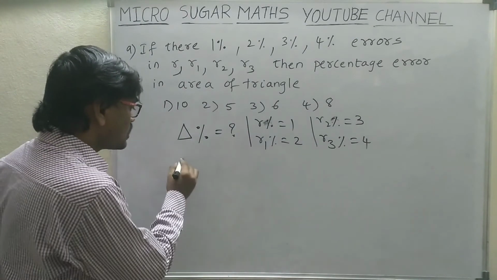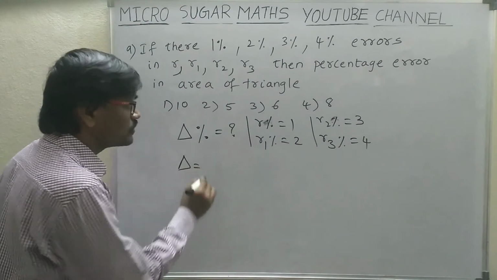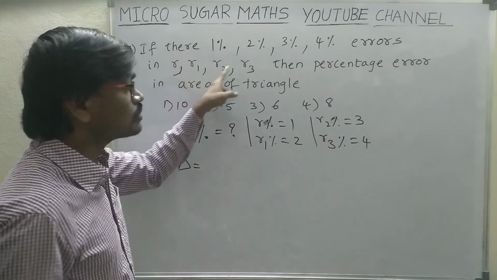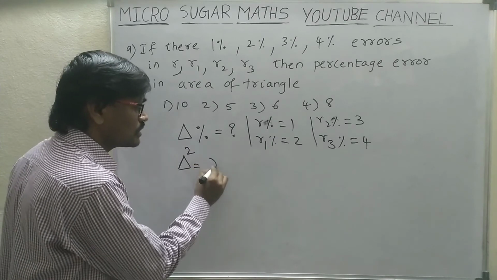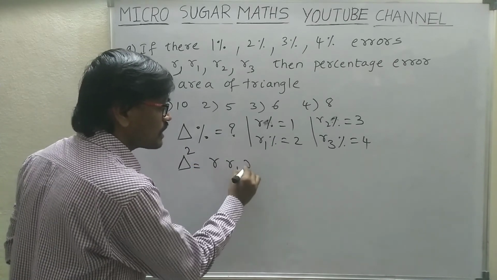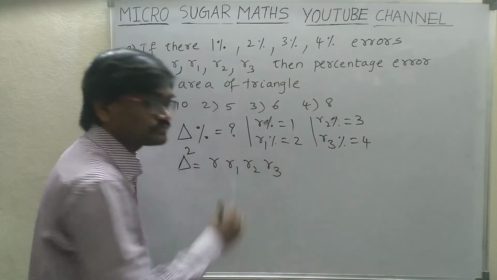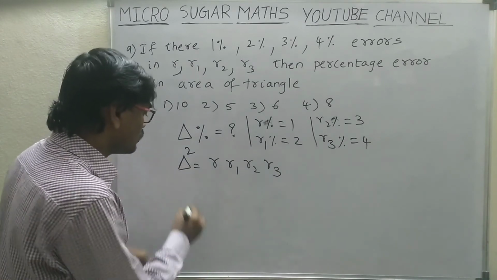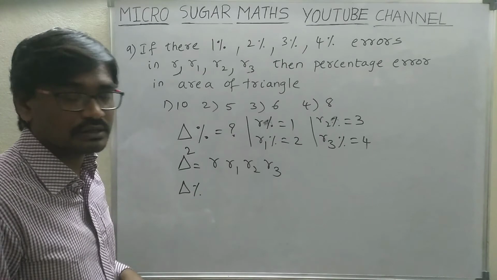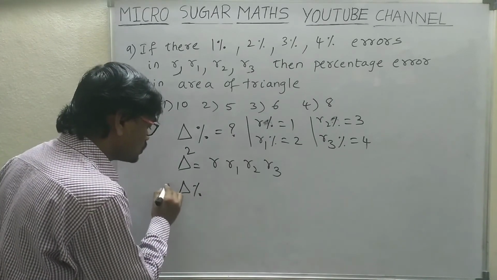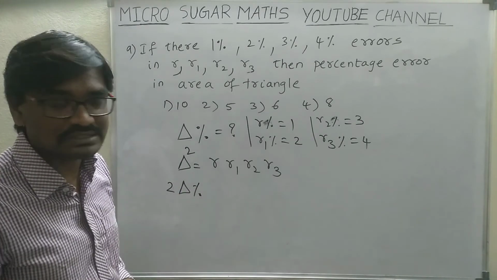Now students, what is your delta in terms of R, R1, R2, R3? It is delta square is equal to R, R1, R2, R3. Then since here you have a power, it is written as 2 into delta percentage.